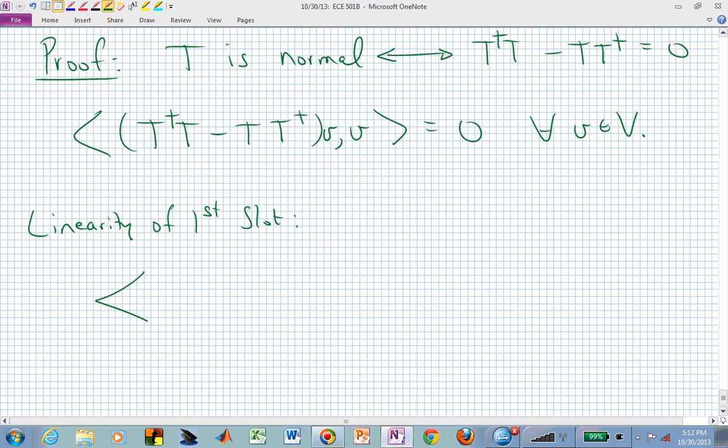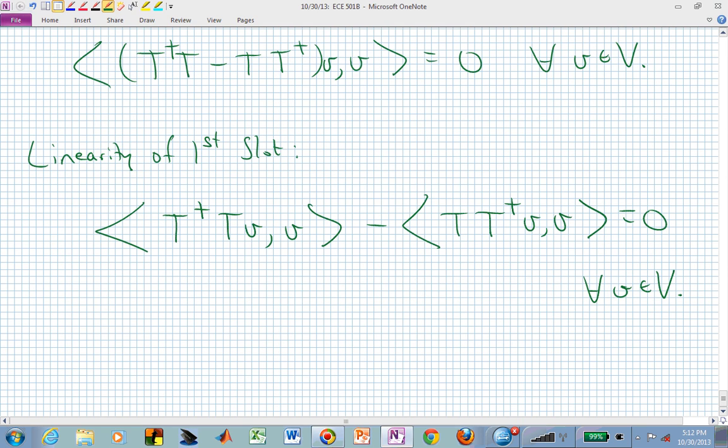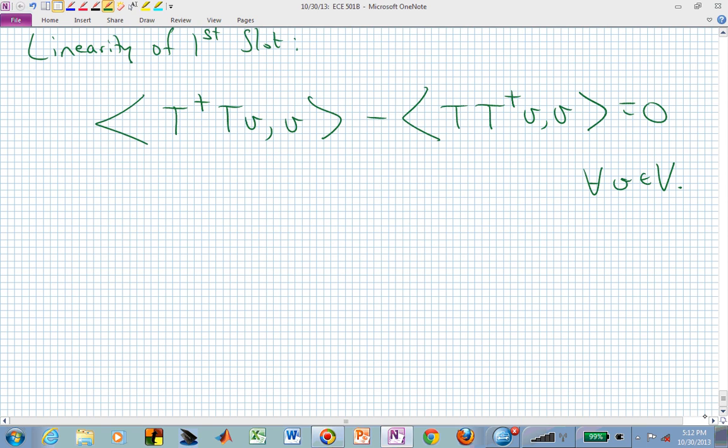Now I can do the linearity of the first slot, and I can say that T dagger T V, comma V, minus T T dagger V, V is still equal to 0 for all V in my inner product space, capital V. But now I can simply add one of those to both sides to get them on either side of the equality.